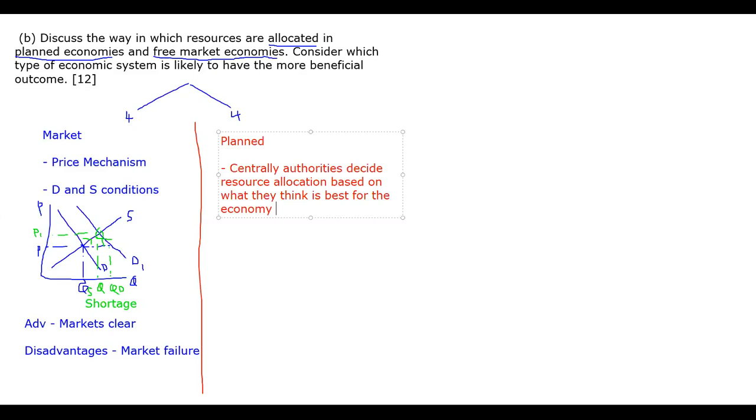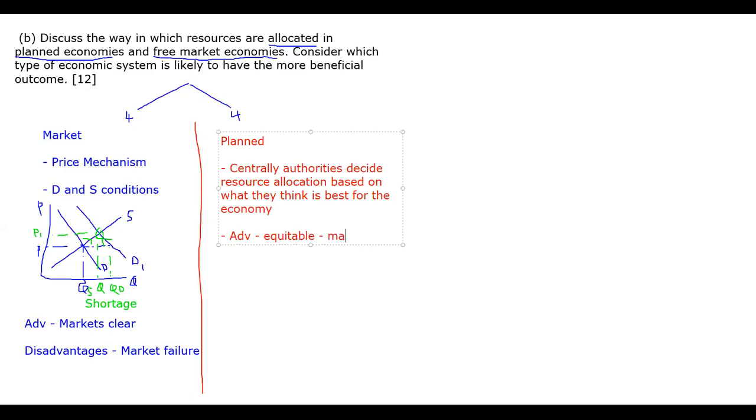So you're more likely to have capital goods production in planned, because that might be good for your long-run PPC, your long-run potential. But in market, you most likely have a lot of consumer goods being produced. So you did this, and then you have your advantages, in which these systems are normally more equitable because the government's responsible.